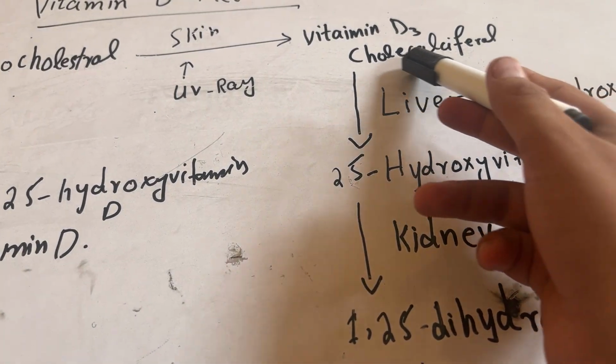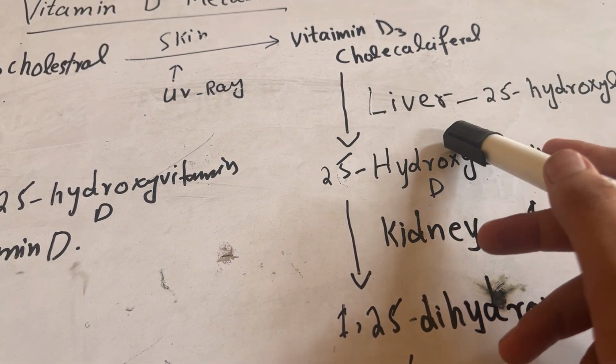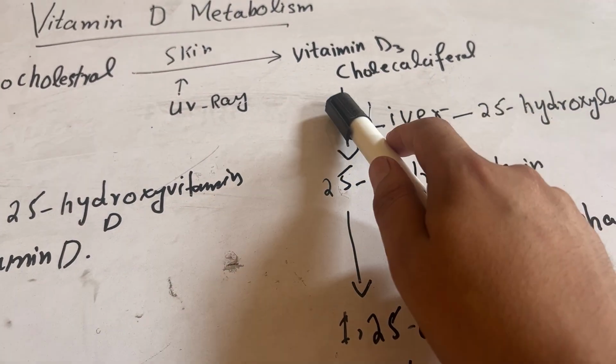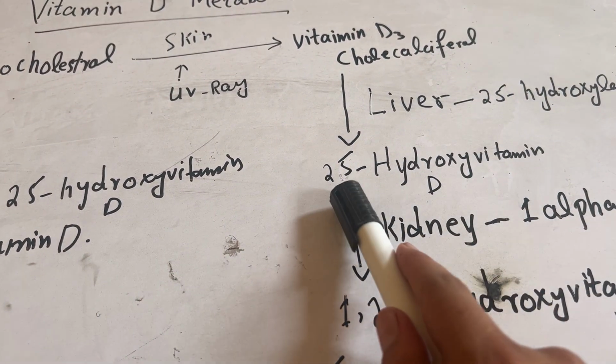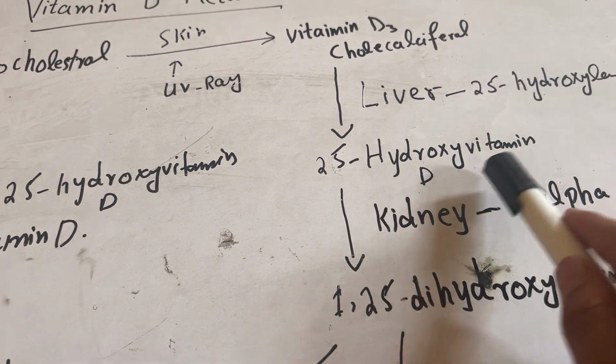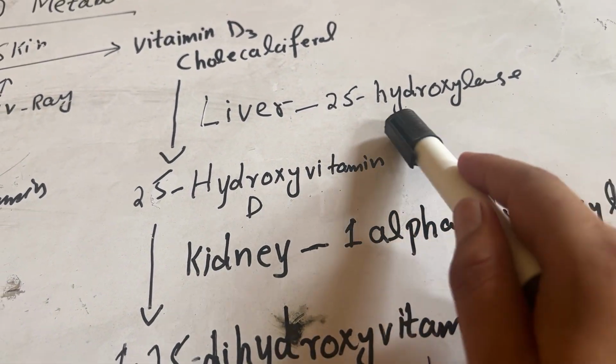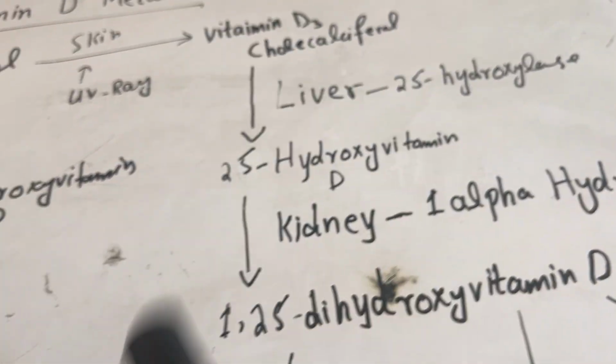Then the second step occurs in the liver. In this step, the cholecalciferol gets converted into 25 hydroxy vitamin D by the enzyme called 25 hydroxylase, which is present in the liver.